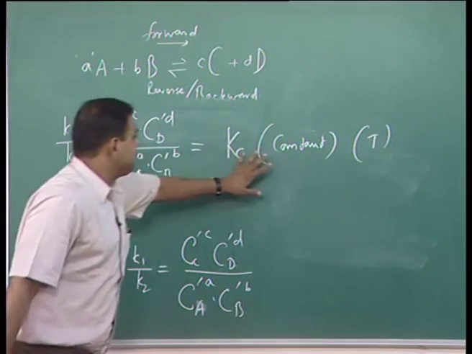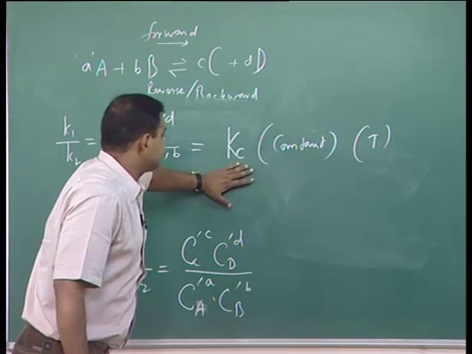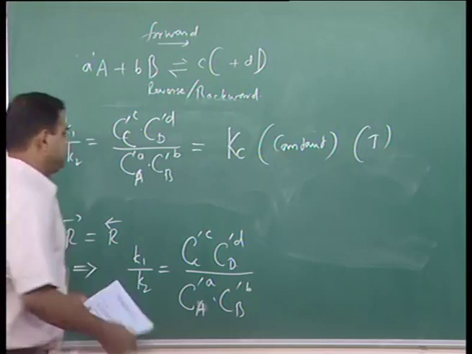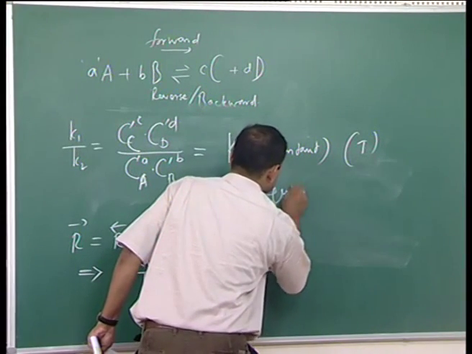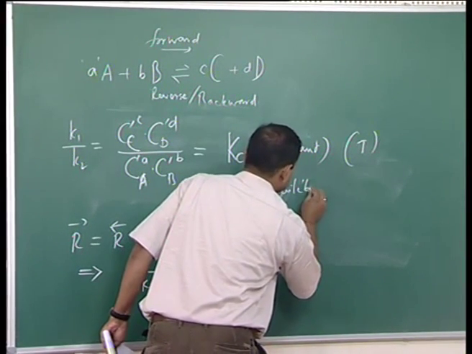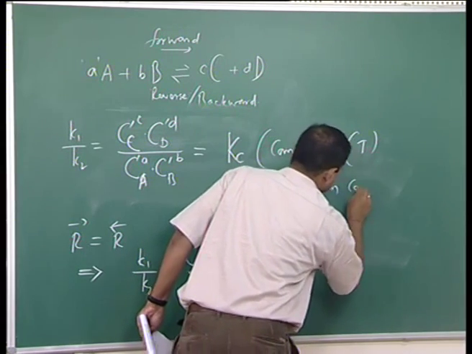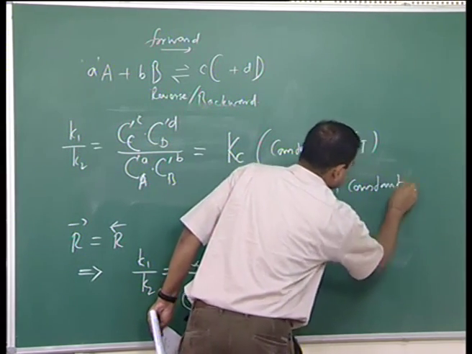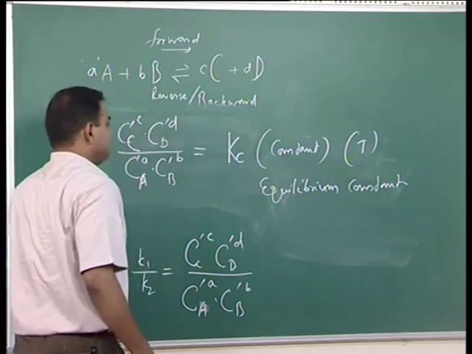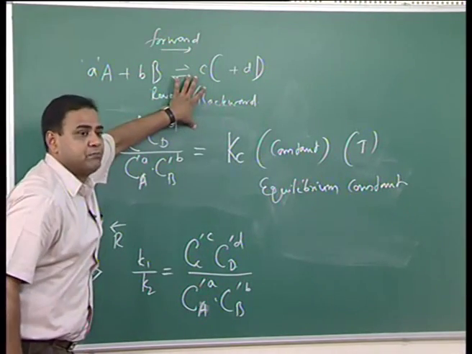Fine. Now if you have this, this is called the equilibrium constant. It is the equilibrium constant for this reaction, for this equilibrium.